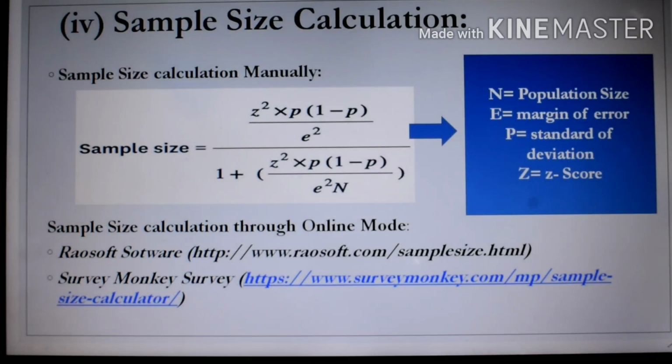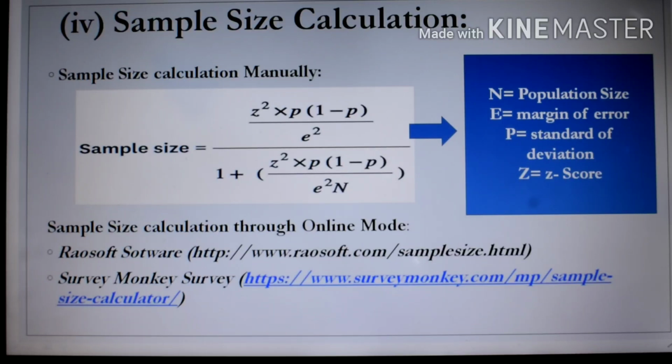Now let's discuss sample size calculation. It is very much important in research because if you increase the sample size, your error will decrease. Here I have given you the formula manually, and I have also given some software tools which can calculate the sample size.